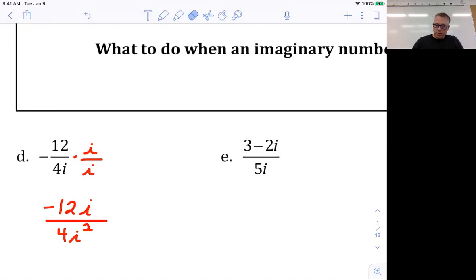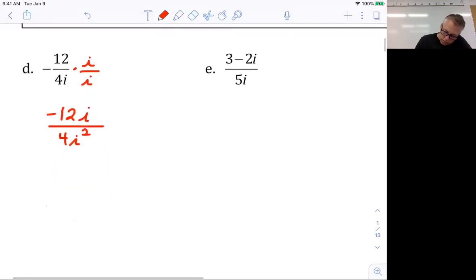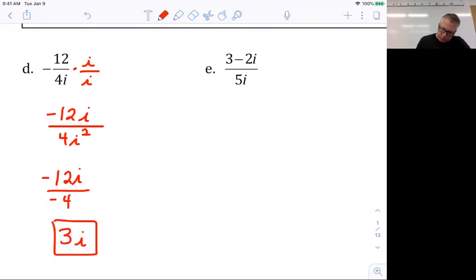Well, remember, i squared is negative 1. So that means now our denominator is negative 4. So we have negative 12i over negative 4, which we can simplify to just 3i. So we can't leave our answer with an i in the denominator.